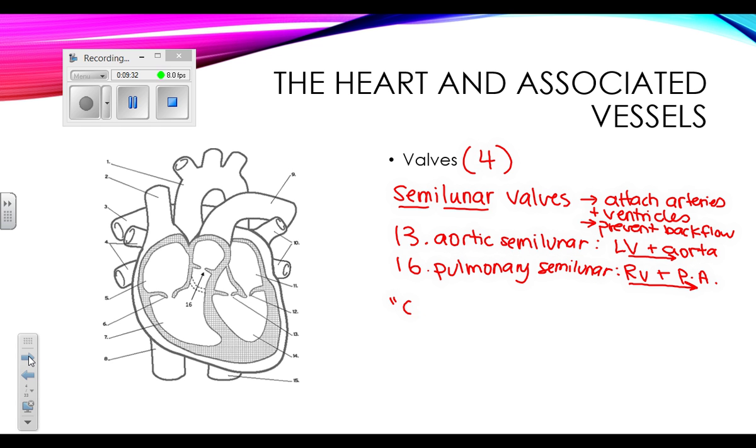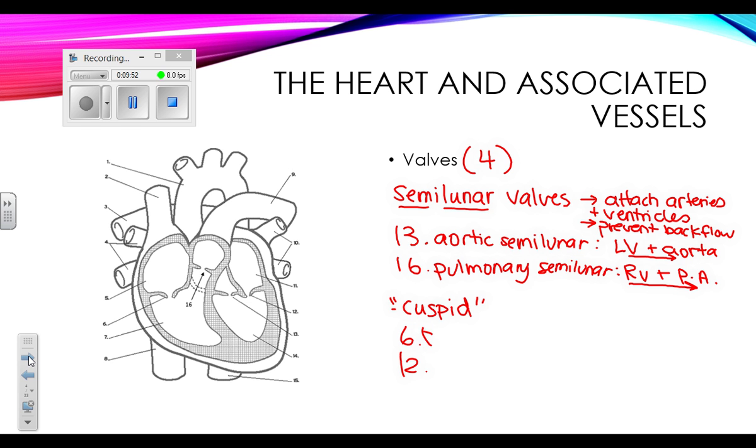Now the other valves that you have are the "cuspid" valves. I put that in quotations because it's not really their name, but they both have it in their name, so I call them that. You have 2 other valves, number 6 and number 12.